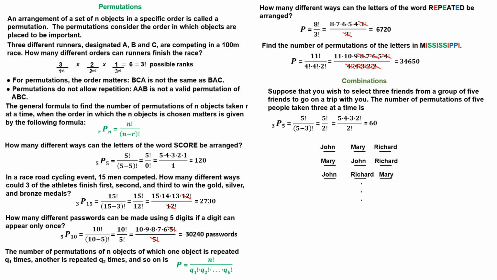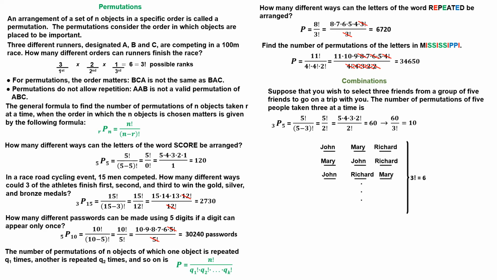Since any selection of 3 friends can be arranged in 3 factorial, or 6 different ways, each selection of 3 friends will appear 6 times in the set of possible permutations. Therefore, you need to divide the result by 3 factorial. This is an example of counting without repetition, where order does not matter.